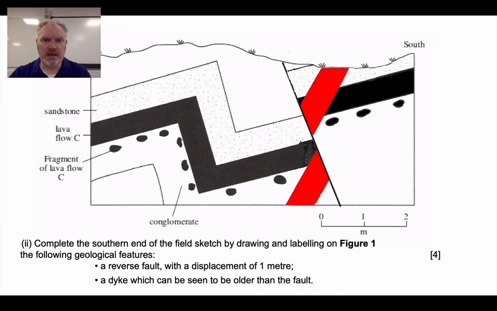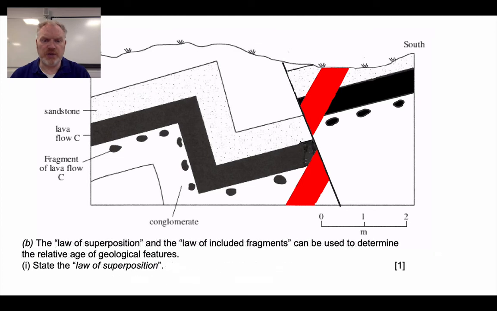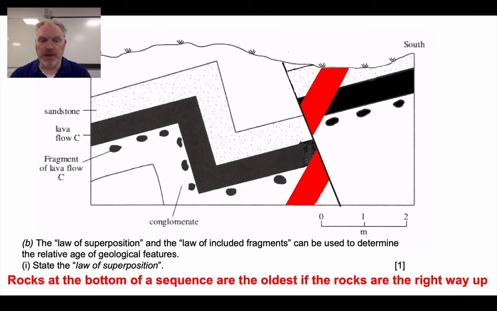Let's get into the relative dating here, which is the real key point of this activity. First, you're asked to state the law of superposition. Simply, the rocks at the bottom of the sequence are the oldest ones in that sequence if the rocks are the right way up. Younger rocks get laid down on top of older rocks.